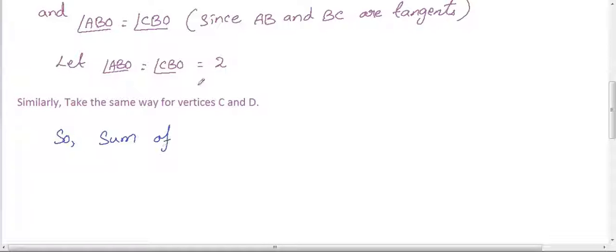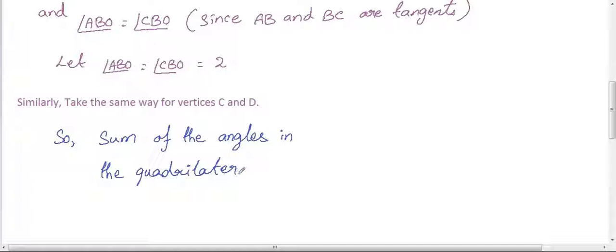So now write down the sum of the angles in quadrilateral ABCD, which is 360 degrees, because the sum of the angles in a quadrilateral is 360 degrees.